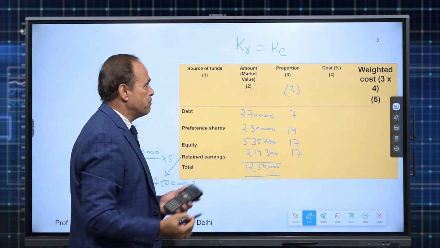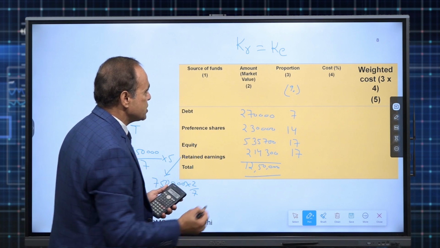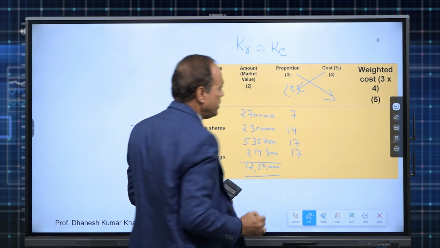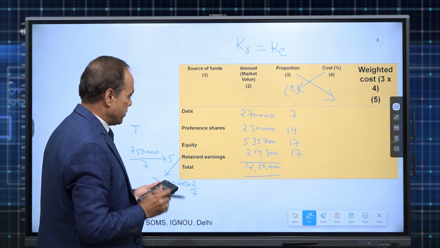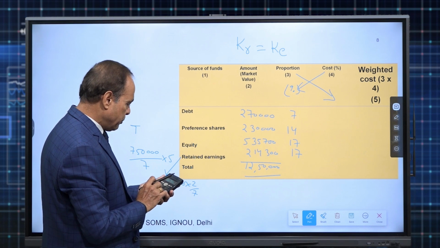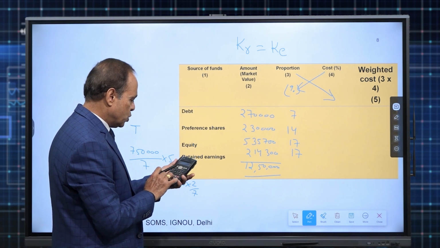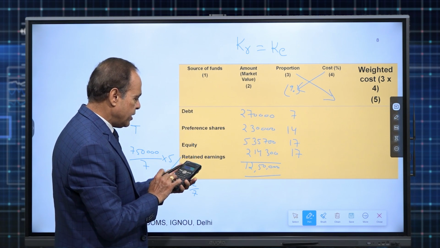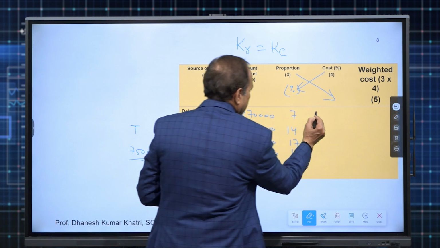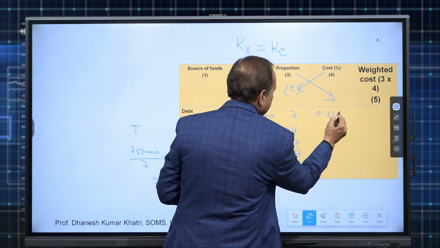Now we can simply work out. So these are the costs I have written. This is the cost column. Proportions we can calculate. Out of 12,50,000, what is the proportion of debt? 2,70,000 divided by 12,50,000, we get 0.216.